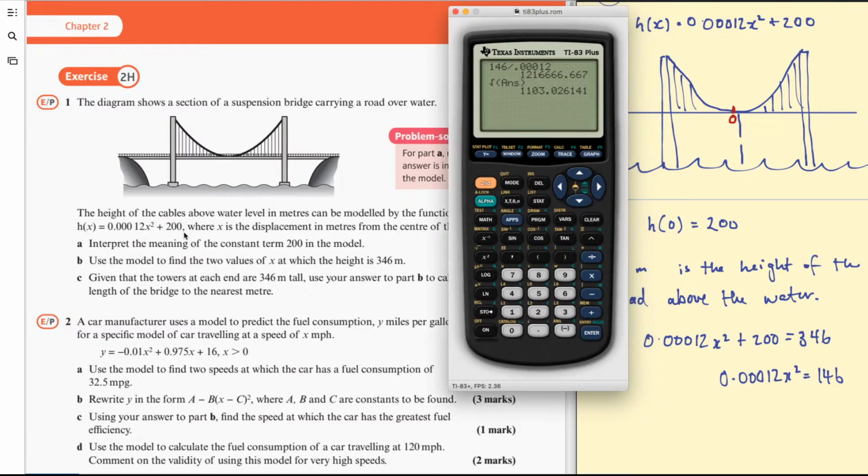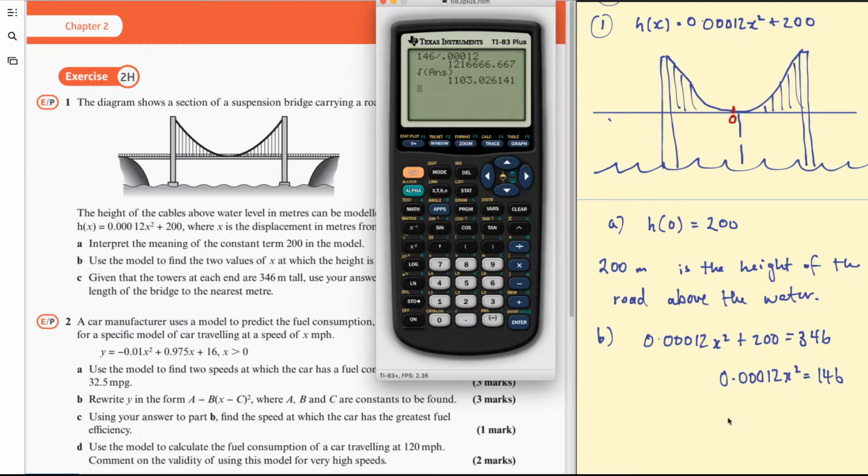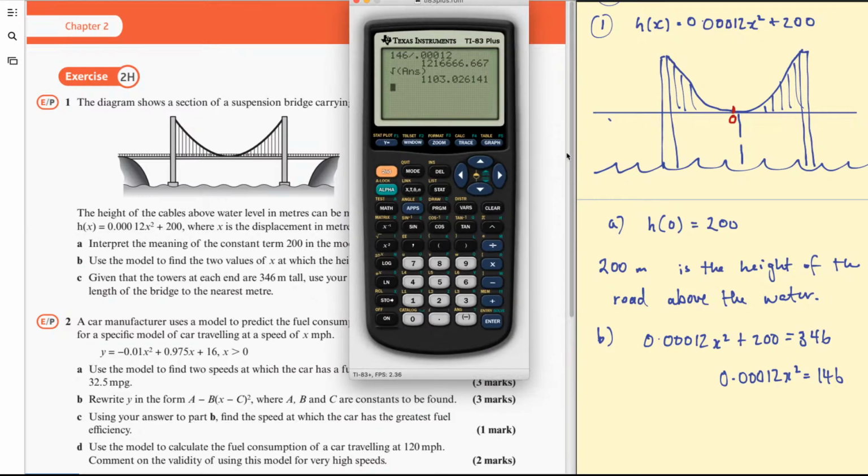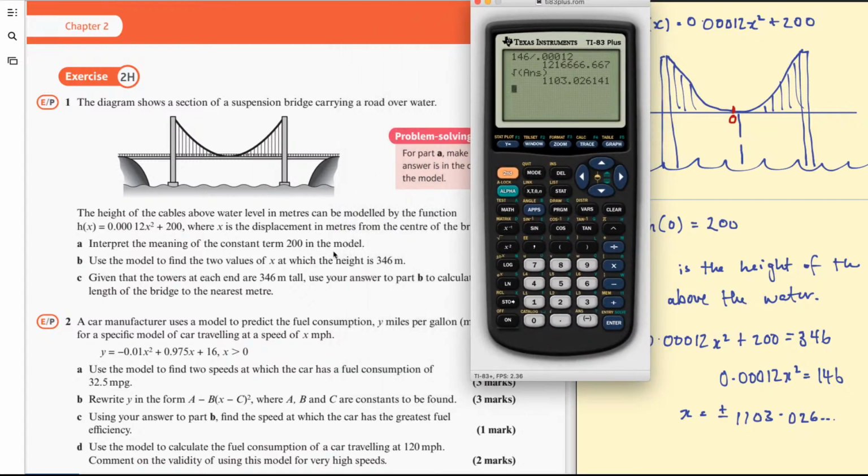Yes, it says find the two values of X. So I need the positive and the negative values. X is equal to positive and negative 1103.026 and so on, because we took a square root.